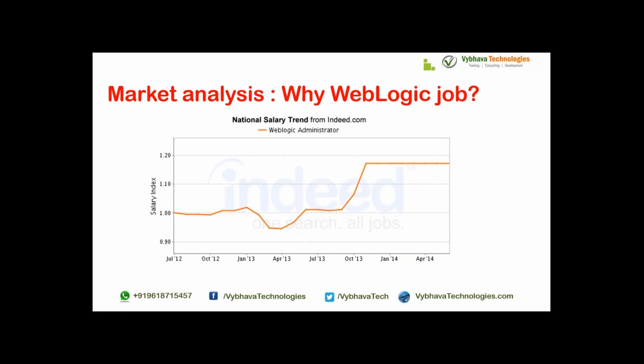If you compare the job market in the US, I'm not comparing locally, I'm just taking one example from the US. The growth of WebLogic administration from 2012 to now, 2015, is continuously growing, and the package salary is also increasing. It is around 115k per annum.